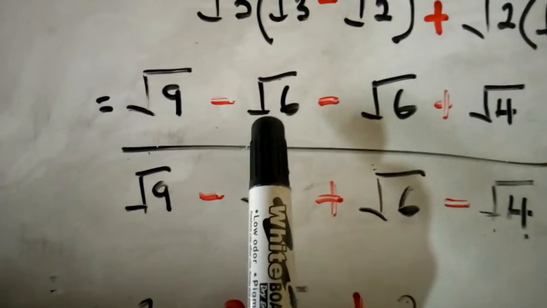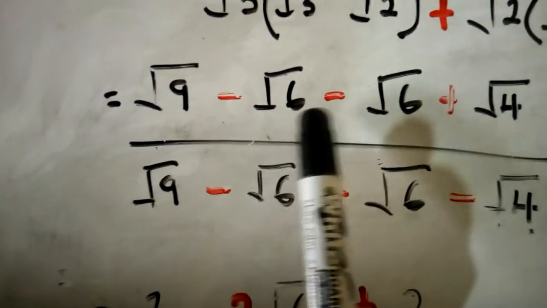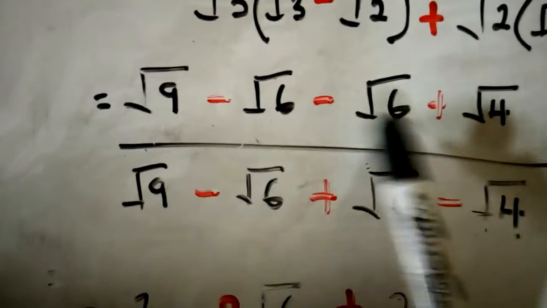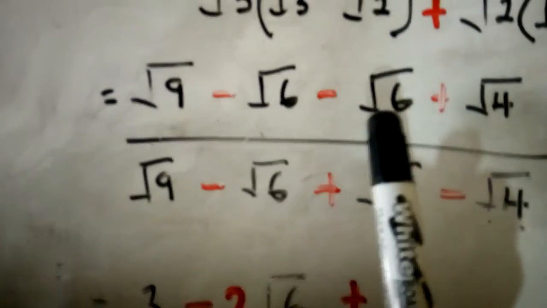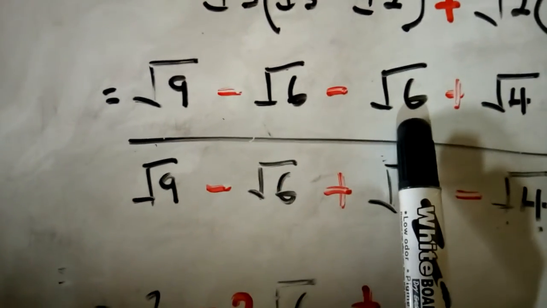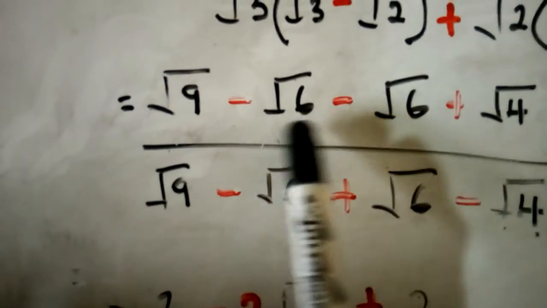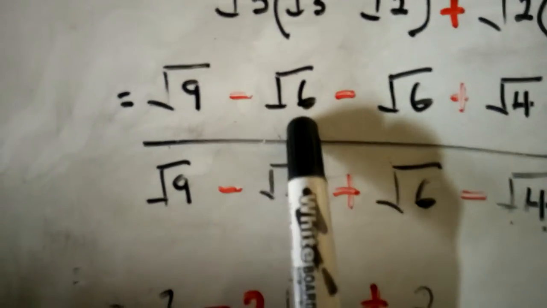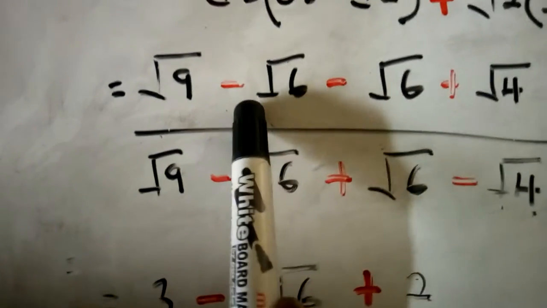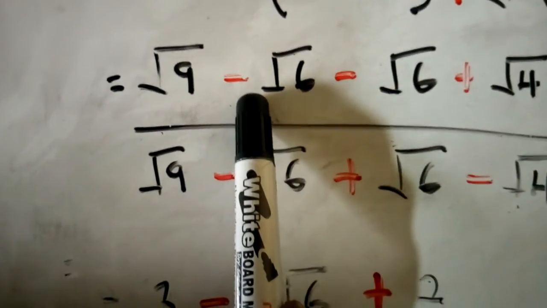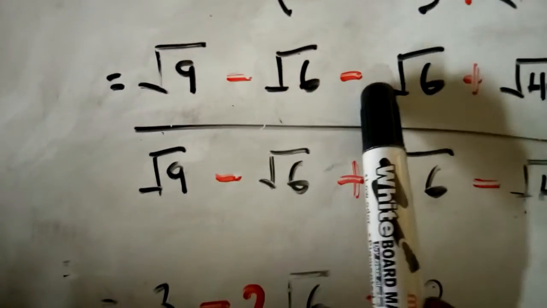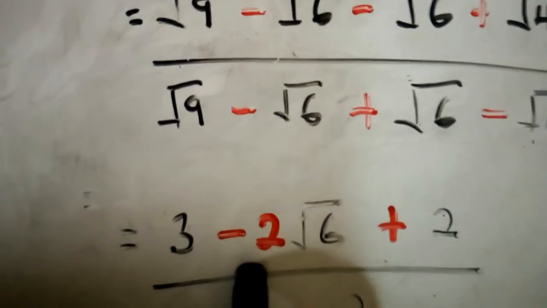So in subtracting or adding, you have to make sure that the numbers under the square root sign have to be the same, right? Over here, I'm having 6, I'm having 6. Of course, I can combine them. So I'm having minus root 6 minus what? Root 6. It's assumed that there's a 1 here, right? So minus 1 minus 1 will give us minus 2. You can see that with the red marker here.